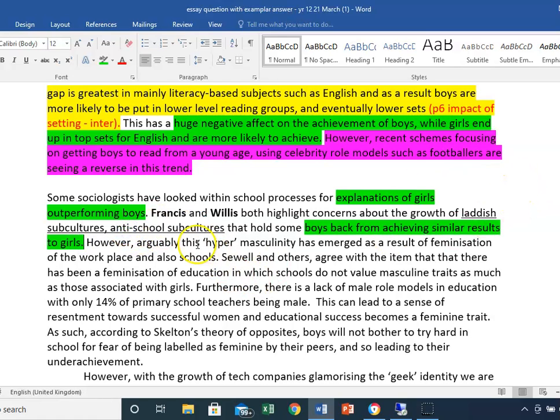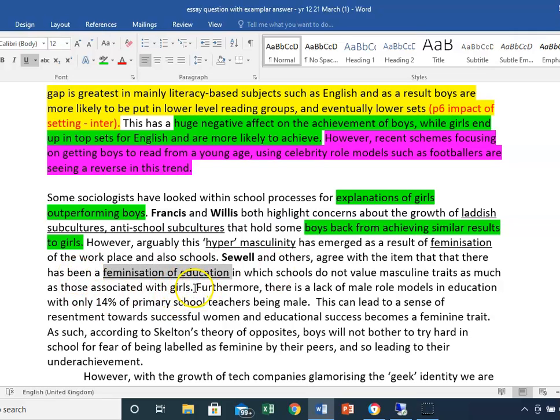However, arguably this hyper-masculinity, underline this concept, has emerged as a result of feminization, as a concept, of the workplace and also schools. Sewell and others agree with the item that there has been a feminization of education. So that's use of the item, and it's also a concept in which schools do not value masculine traits as much as those associated with girls.